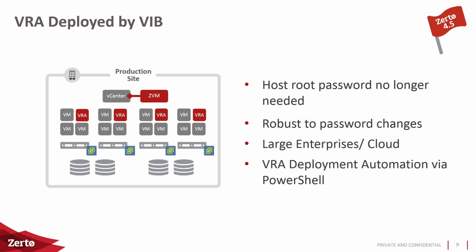So, the simplified deployment by VIBs. For those of you that have installed 4.0, since this is the 4.5 update webinar, if you recall, you needed root passwords for all the hosts. Well, now you don't. So we're able to allow for more seamless deployment, more security, all the benefits of not needing a host password in order to work with your replication software.